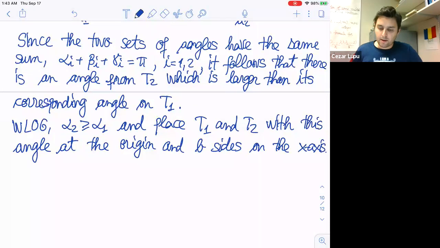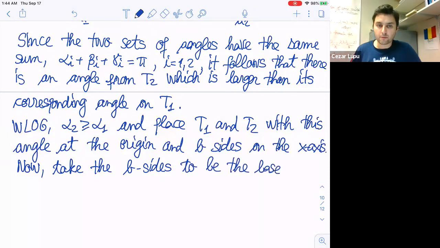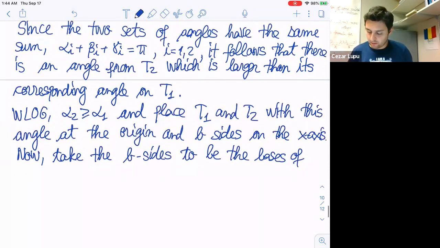Okay, all right. Now we take the b sides to be the bases of the triangles, and then the heights. So now take the b sides to be the bases of T1 and T2.